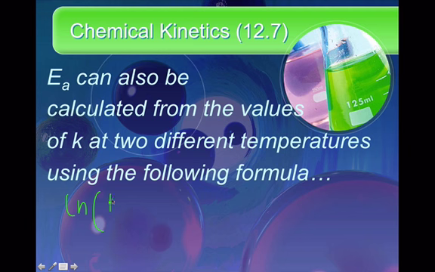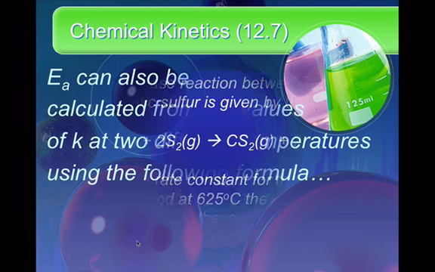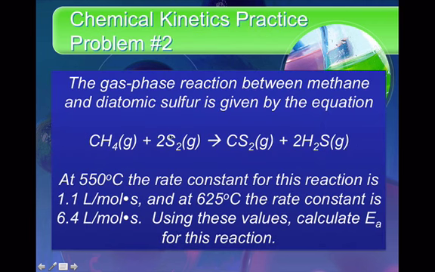So we have the natural log of the second rate constant over the first rate constant is equal to the activation energy divided by the gas constant, and then 1 over the temperature in Kelvin for the first rate constant minus 1 over the temperature of the second rate constant. So this calculation, if we just have 2 different temperatures with their corresponding rate constants, we're also able to calculate the activation energy.